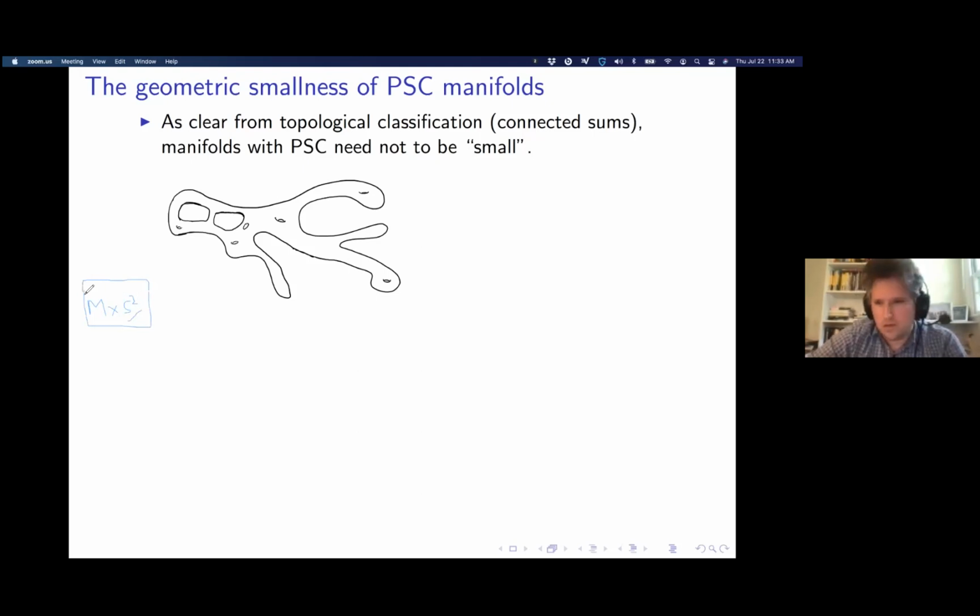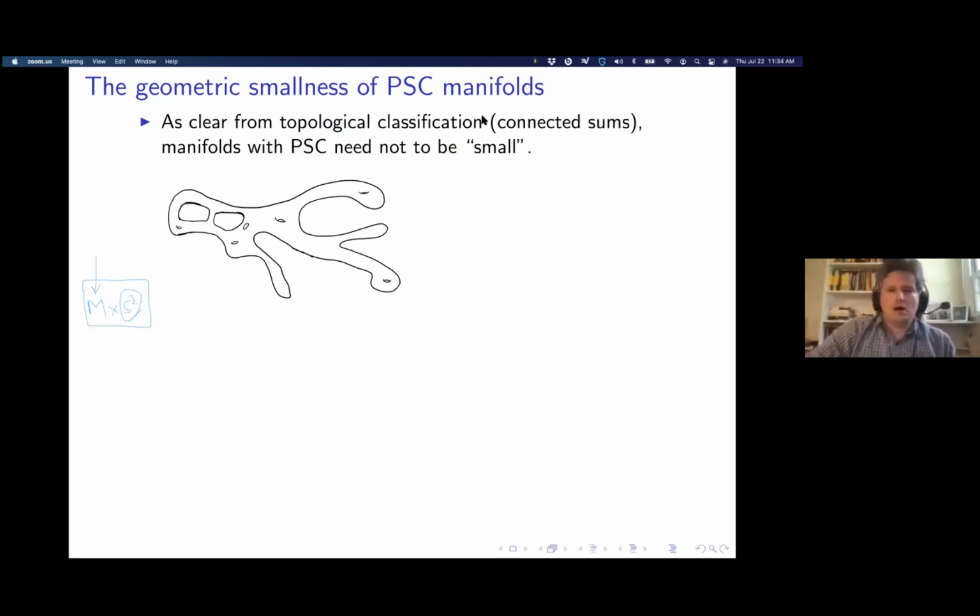So in other words, you can't say much about geometric smallness, because M could be anything in general. It sounds like up to codimension 2 there is nothing you can do. But the scalar curvature is telling you that this sphere has to be small if you want to do this kind of construction, right?